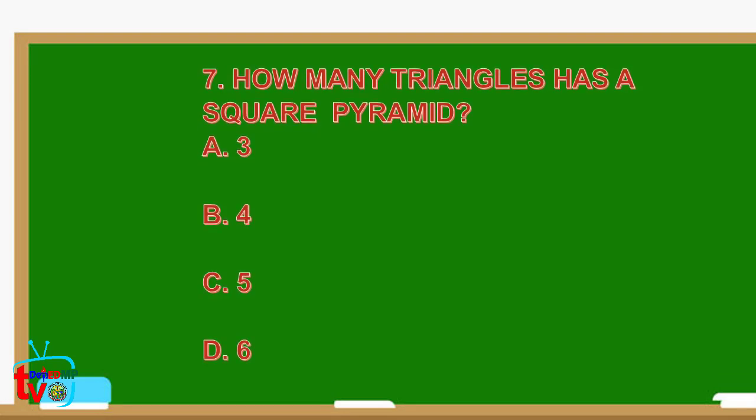Number 7. How many triangles has a square pyramid? A. 3. B. 4. C. 5. And D. 6.